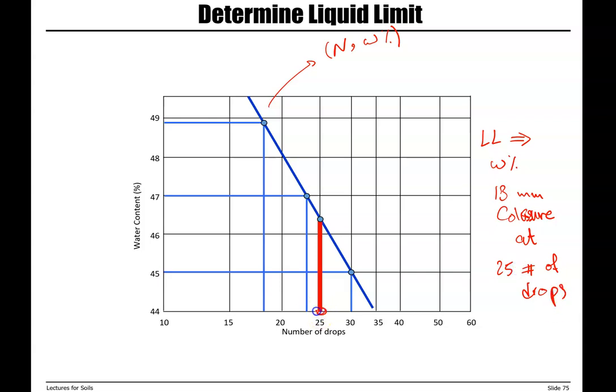So we find 25 drops on our horizontal axis. Draw this line until it intersects with our fitted line, and from there we move to the water content line. This is our liquid limit.